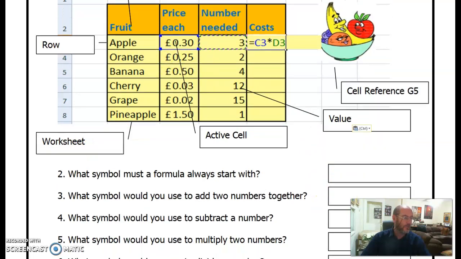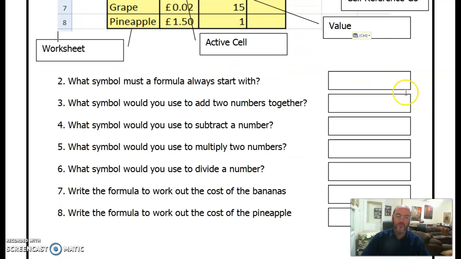Now, for the answer of those questions, what symbol must a formula always start with? It's equals. Alright? Equals. Here, what symbol would you use to add 2 numbers together? Would be plus. Alright? Plus.